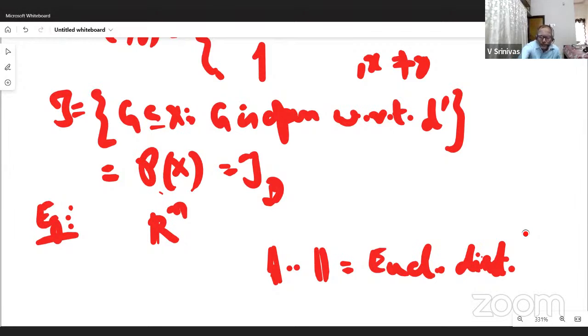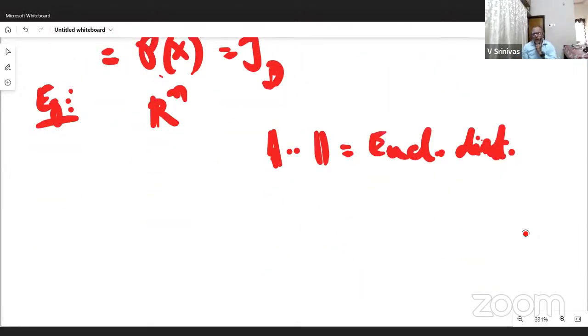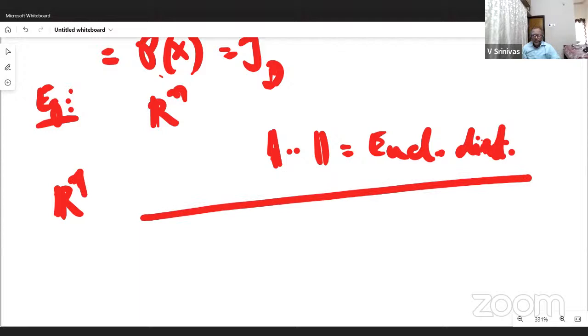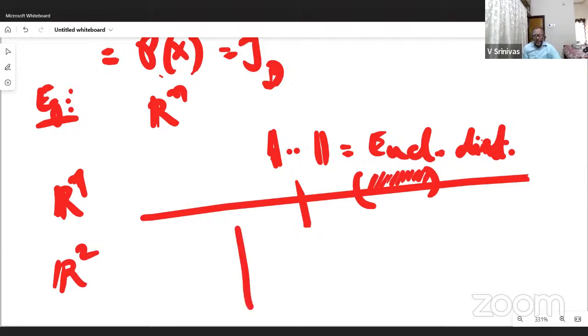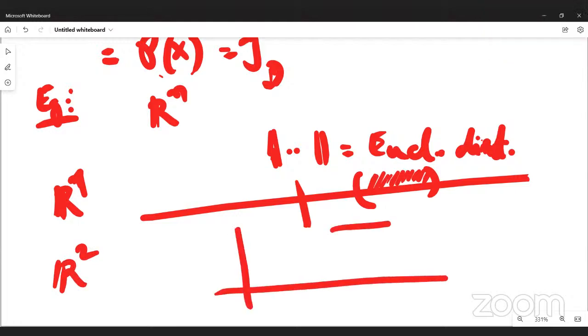To give examples: on R, that is on the number line, every open interval becomes an open set. In R2, every open rectangle becomes an open set.